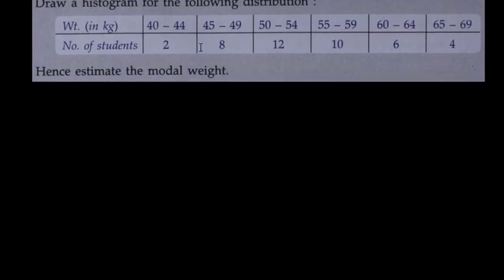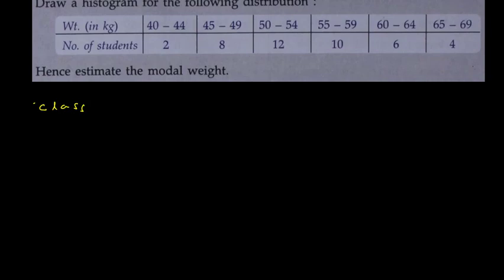You have to start with 40, 44, but here one difference is there. What is the difference? It is not continuous. So your responsibility is to make it continuous first. How do you make it continuous? Your class is not continuous, so you have to first make your class continuous. Here 40 to 44 and then 45 to 49.